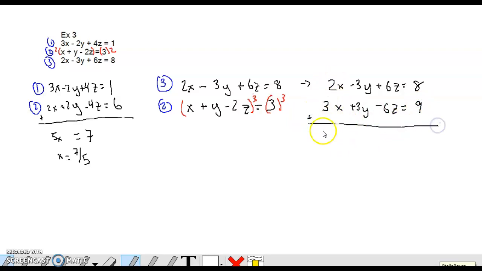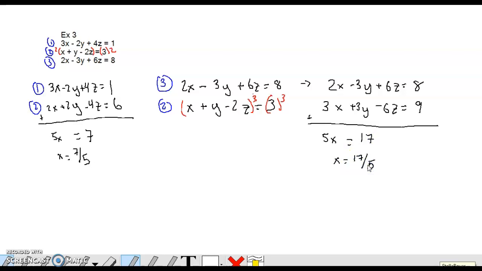Add these equations together, and I get 5x, which is what I got over here. My y's cancel out, my z's cancel out, but this time I'm left with 9 plus 8, which gives me 17. So this time I get x is equal to 17 over 5.